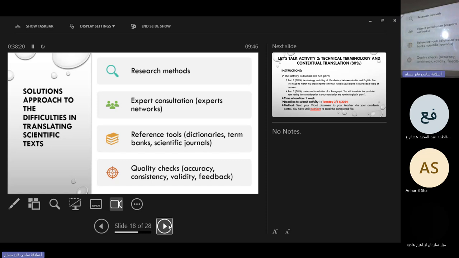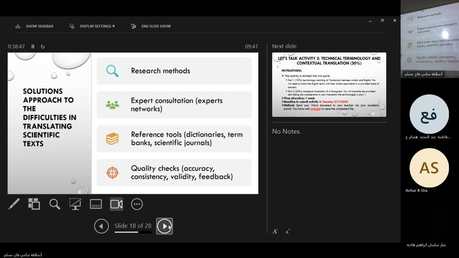Solutions. There are some solutions to the difficulties in translating scientific texts. And these are by doing a lot of research. Yani when a translator doesn't have standardized, accepted words, he or she needs to go and search for these terms, how to translate them correctly.